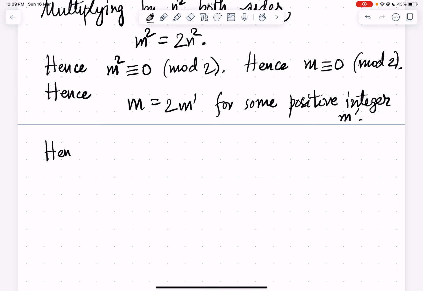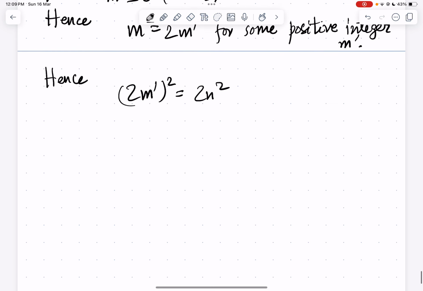Hence m square equals 2n square. So substituting m equals 2m dash, this becomes 2m dash square equals 2n square, that is, n square equals 2m dash square.